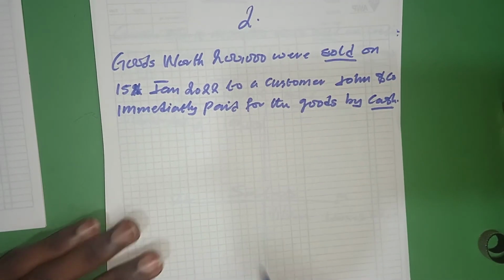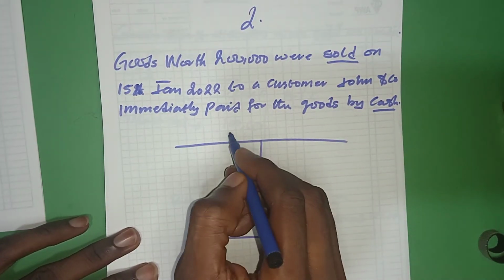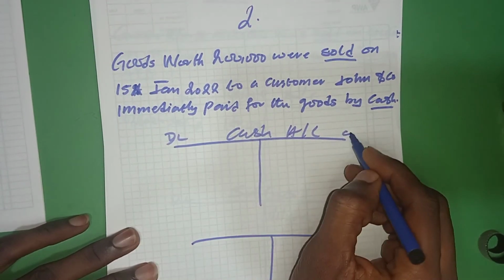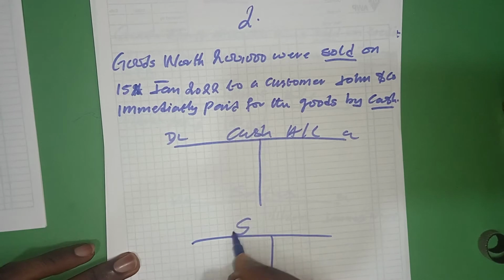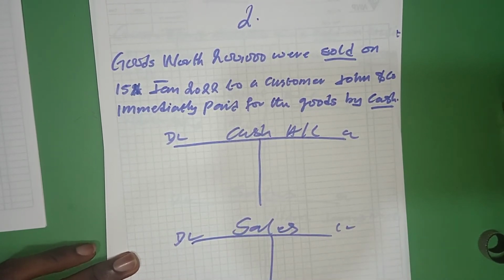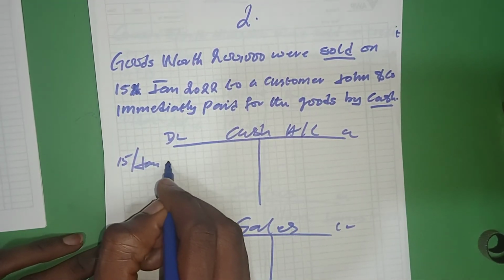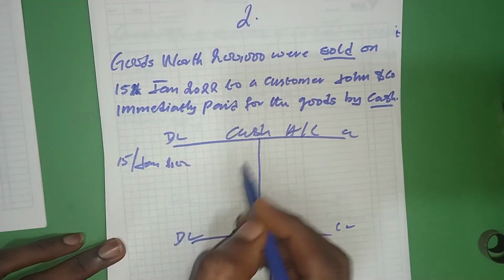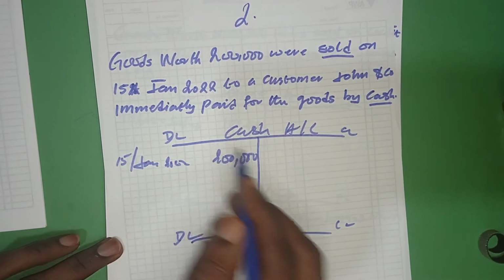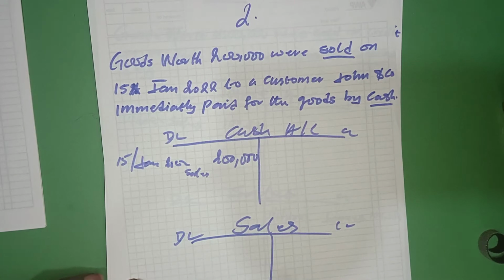So the two accounts are cash account and sales account. On the 15th January 2022, how much was the money? 200,000. Sales 200,000.